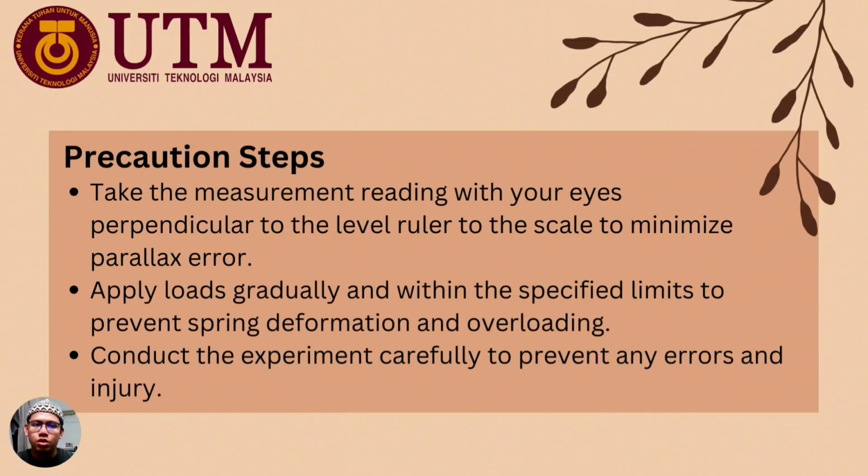For the steps, take the measurement reading with your eyes perpendicular to the scale to minimize parallax error. Apply loads gradually and within the specified limits to prevent spring deformation and overloading. Conduct the experiment carefully to prevent any errors and injury.